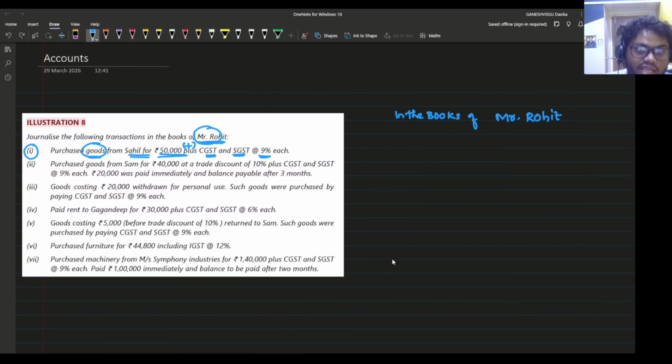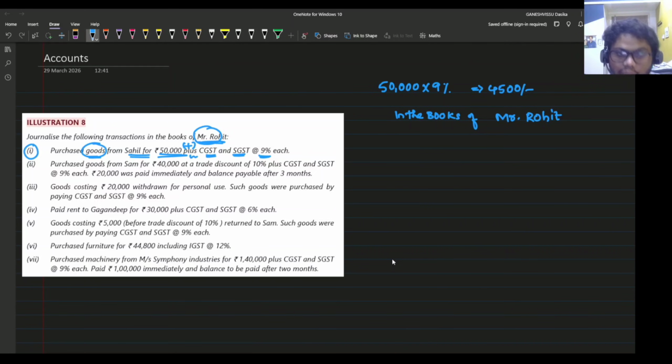As he has mentioned plus, we are required to add this GST value along with the amount of 50,000 rupees. What would be 9% of 50,000? Simply take the calculator and do 9%. That would be rupees 4,500.